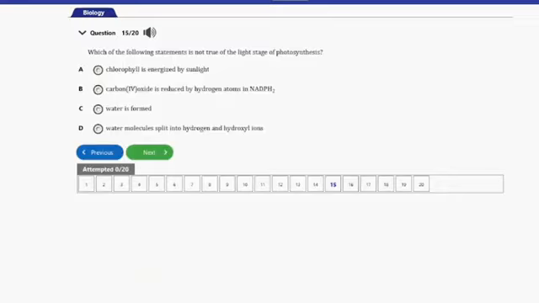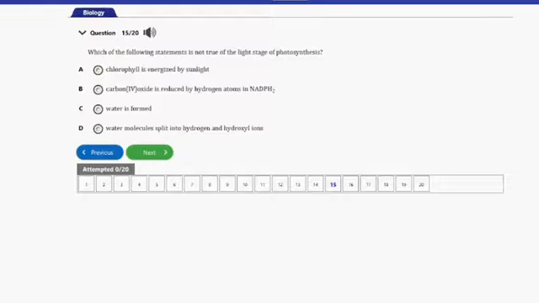That's question number 15 here. It says, which of the following statements is not true of the light stage of photosynthesis? We have A. Chlorophyll is energized by sunlight. B. Carbon dioxide is reduced by hydrogen atoms in NADPH. And then C. Water is formed.